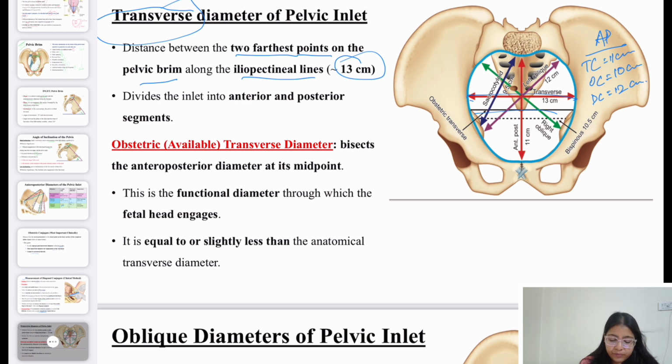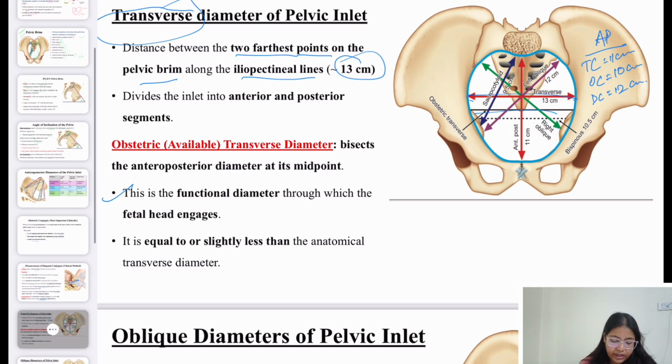What is the importance of this transverse diameter? So there is one concept called the obstetric transverse diameter, which bisects this inlet into two equal parts. This is the functional diameter through which the fetal head engages. This is the importance, and it is equal to or slightly less than the anatomical. This is the anatomical transverse diameter.